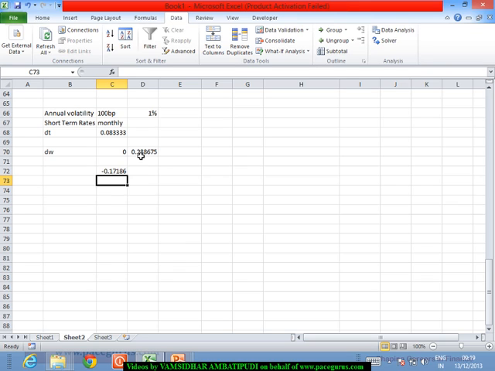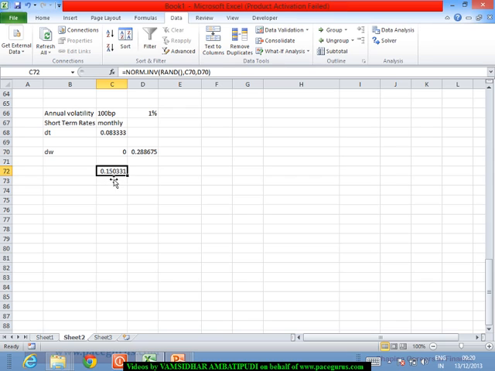If I refresh it, I'll get different values, sometimes plus, sometimes minus, whatever it is. It will generate a set of random variables with mean equal to 0.